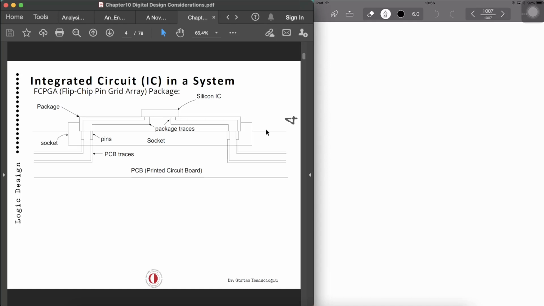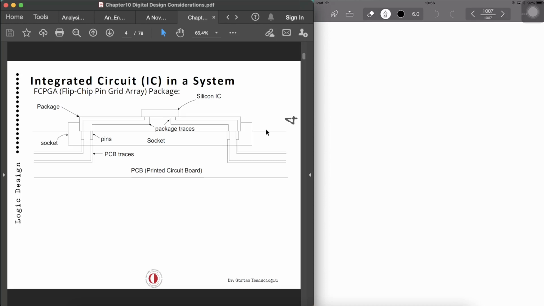What do we mean by that? The number of transistors that we can fit in a chip, for an application specific chip or a processor or something like that, they have scales. For example, small scale integration is less than 10 gates.